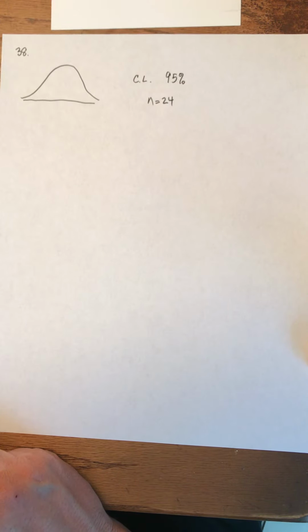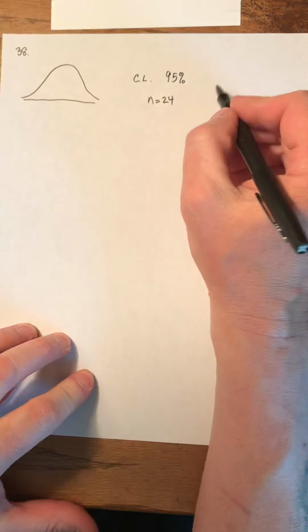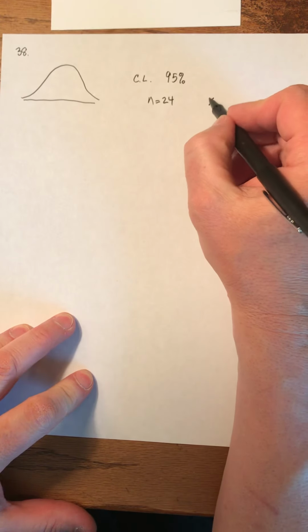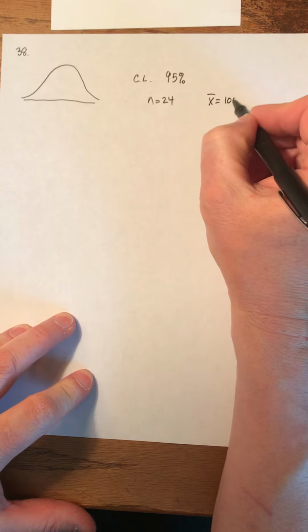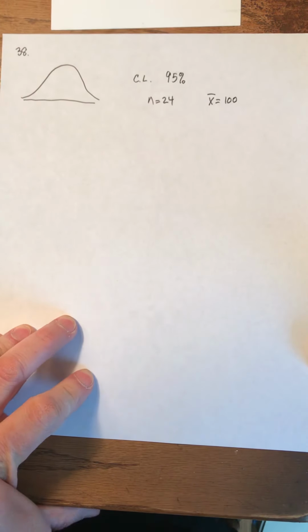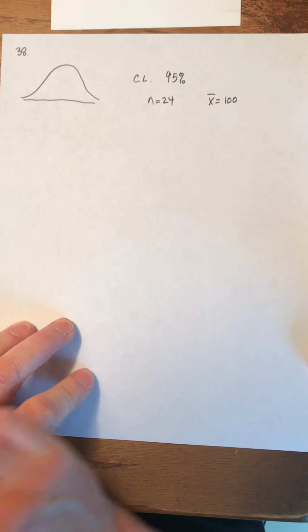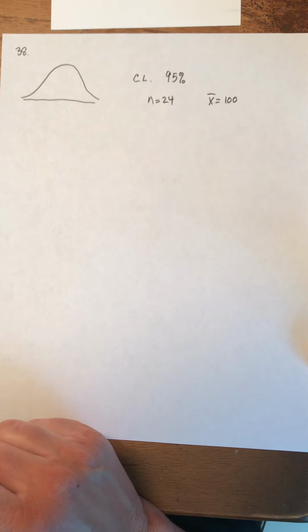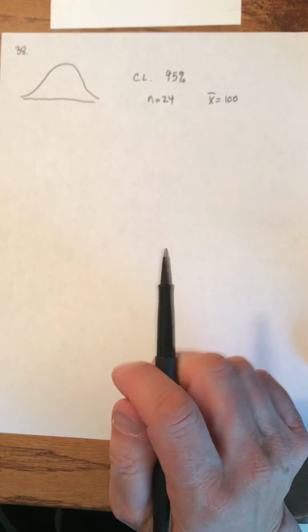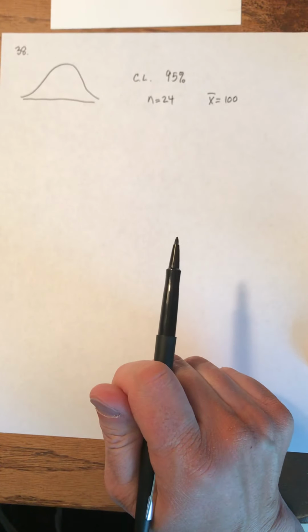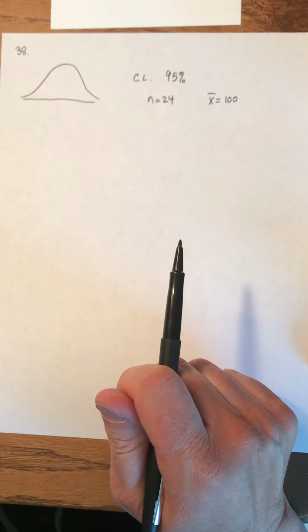And they said the mean number of tornadoes was about 100. Pretty amazing. That's the mean per month, which is kind of insane.